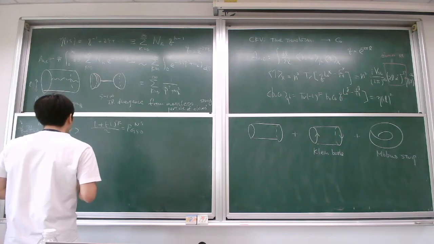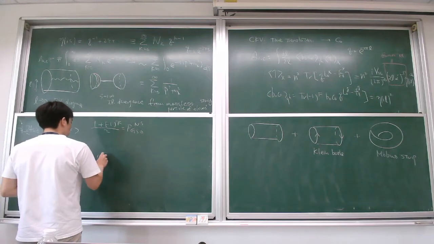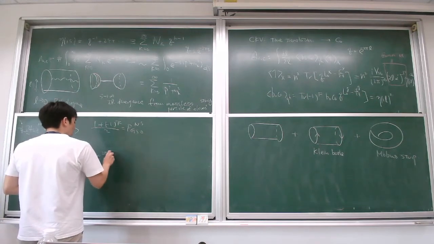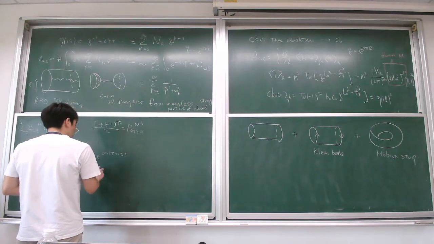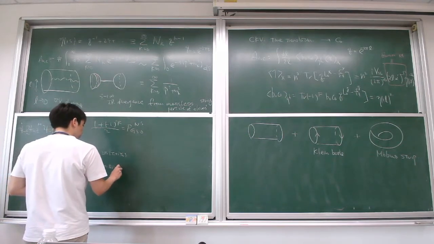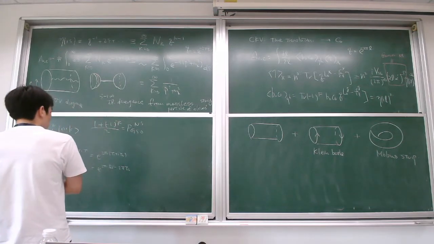And then what we saw is this is equal to e to the 2 pi i (tau 1 plus i tau 2). Like this way, right?